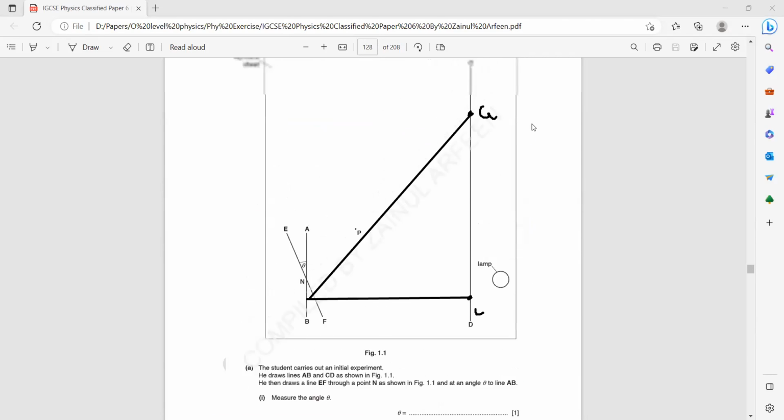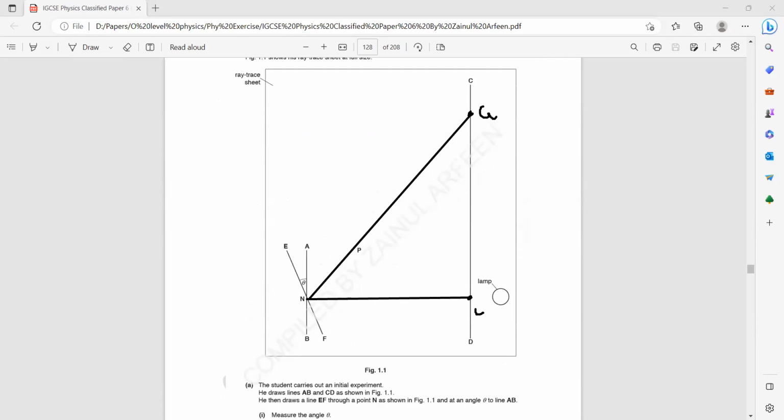After drawing this line, you just have to use a ruler and measure the length. Example, we are just taking values. You just have to measure, say, it was coming out 10 centimeter or 10.2 or 10.3 centimeter. Any value it can be.